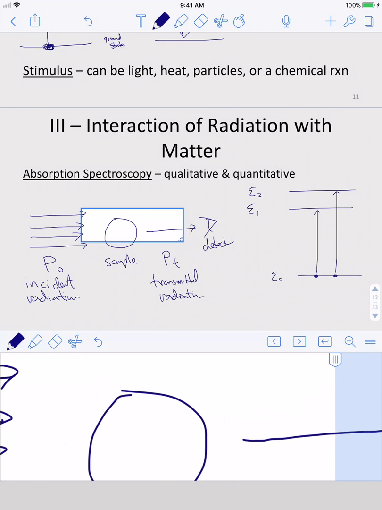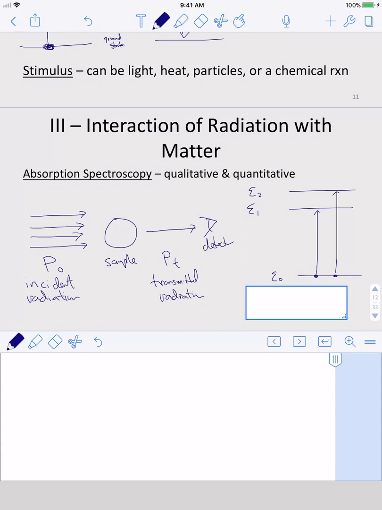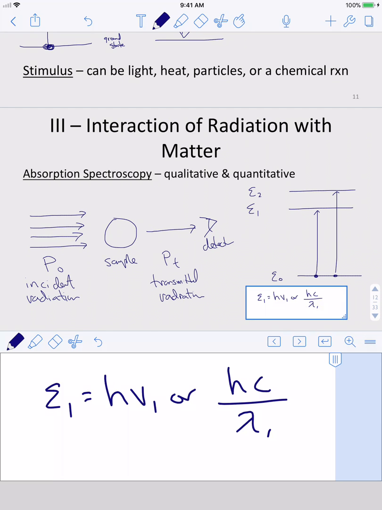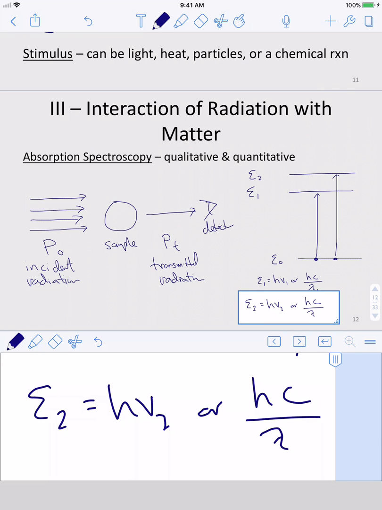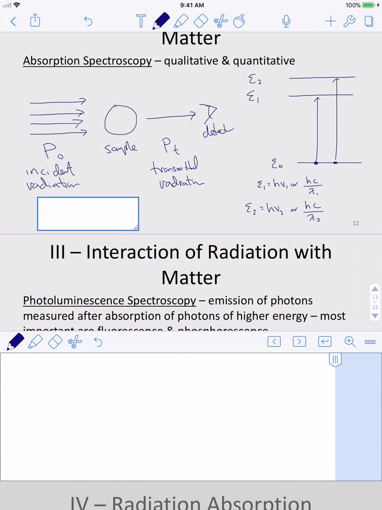And if we have quantized transitions, then the energy of transition 1 would be equal to Planck's constant times frequency 1, or Planck's constant times speed of light over lambda 1. And the energy for transition 2 would just be the same thing, but a second frequency, or hc divided by lambda 2. So if we think about this in terms of an absorption, how would this look?